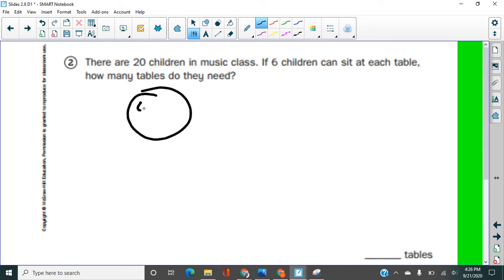Put 6 kids in it. 1, 2, 3, 4, 5, 6. Because remember, we have to have pictures and words in this page because that's what the directions said. All right, can we make another table? Yeah. 1, 2, 3, 4, 5, 6. Oh, those are supposed to be kids.